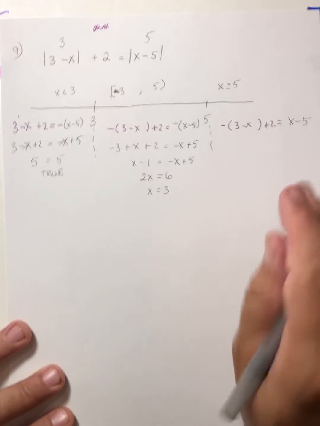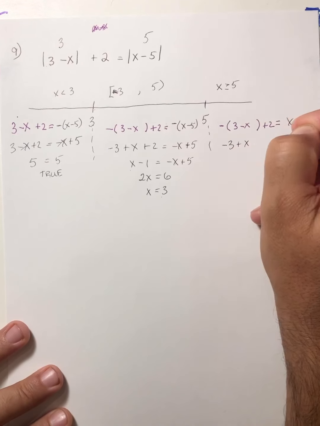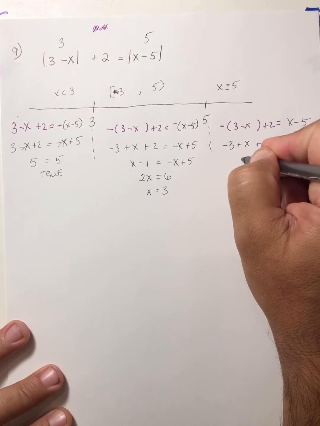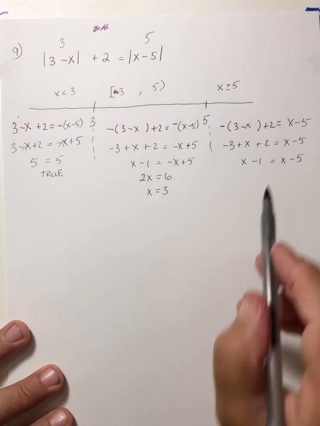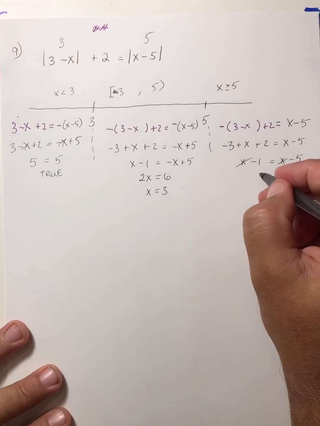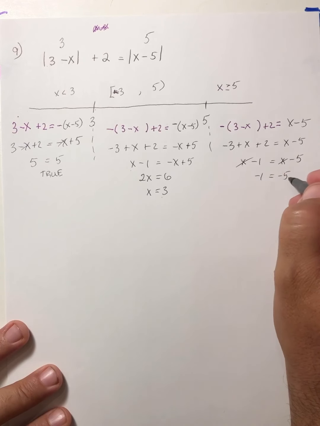All right, let's see what happens. What uniqueness is going on here? So negative 3 plus x plus 2 equals x minus 5. I'll combine. x minus 1 equals x minus 5. All right, look at this. My x's cancel, and I'm left with negative 1 equals negative 5. Well, that doesn't make any sense. Negative 1 does not equal negative 5.